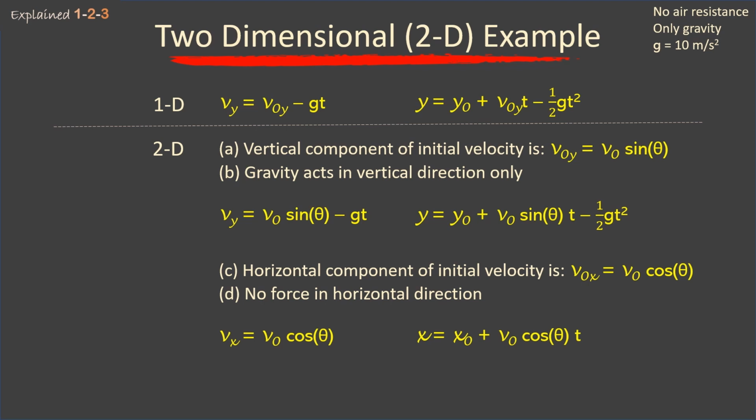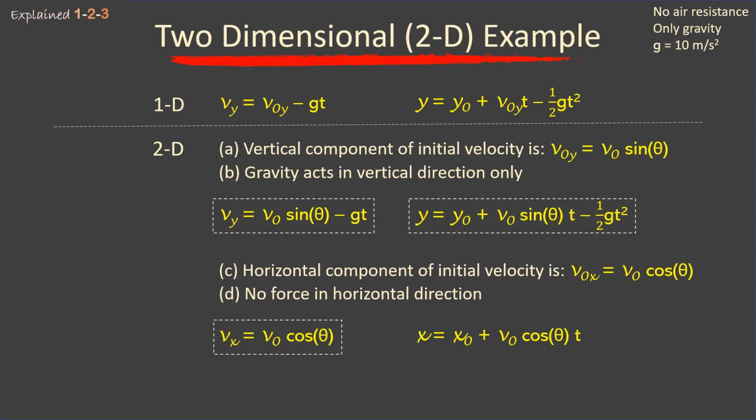Since there's no air resistance or any external force in the horizontal direction, the velocity in the x direction, v sub x, remains constant and equal to the initial velocity v sub 0x, and the x position is then the initial position plus velocity in x multiplied by time t. There we have it. These are the fundamental governing equations of 2D projectile motion. Again, they are under the assumption that there's no air resistance, and gravity is constant.